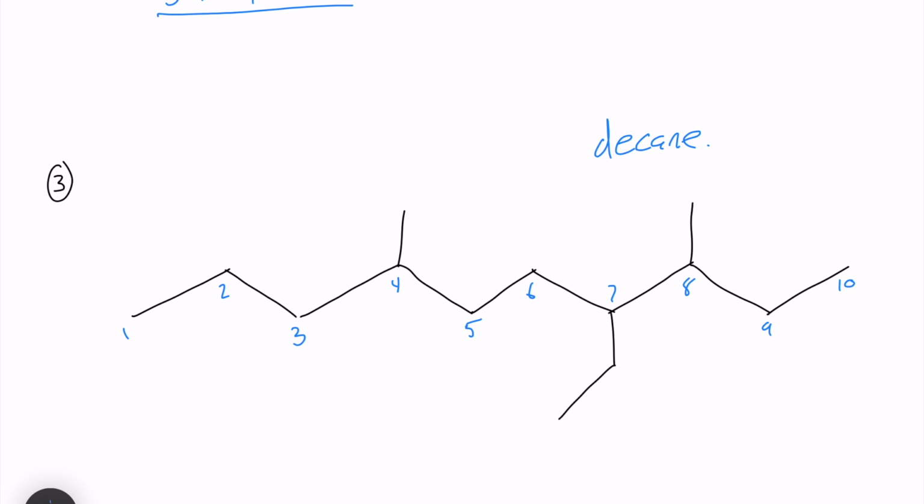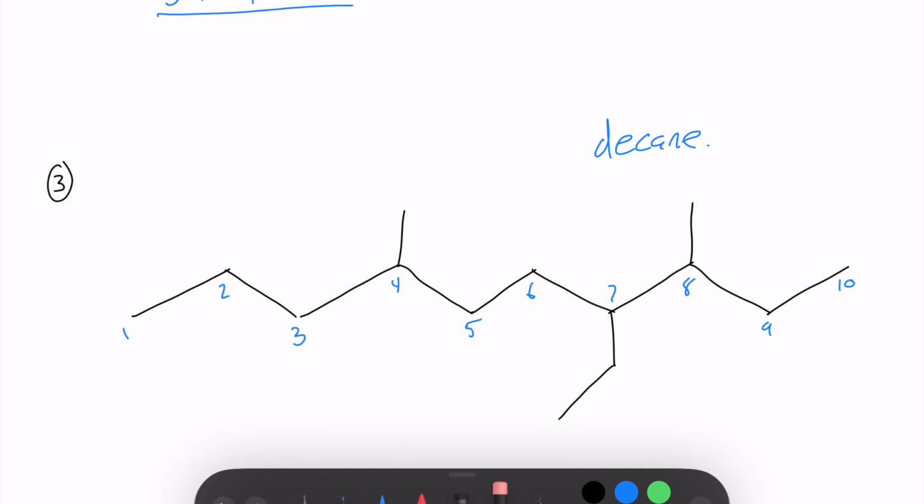And we have to try the other way now. So let me just bring up my eraser really quickly. So we're going to try numbering it right to left now. So we have 1, 2, 3, 4, 5, 6, 7, 8, 9, and 10.